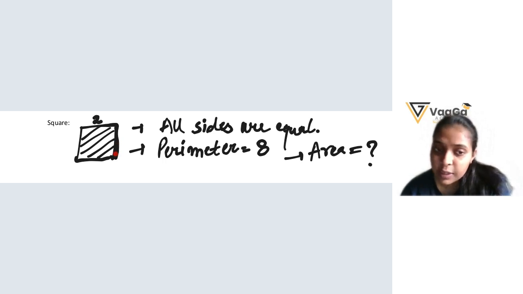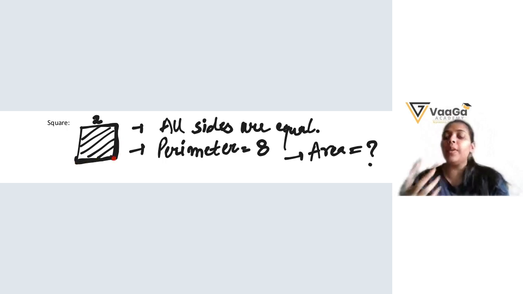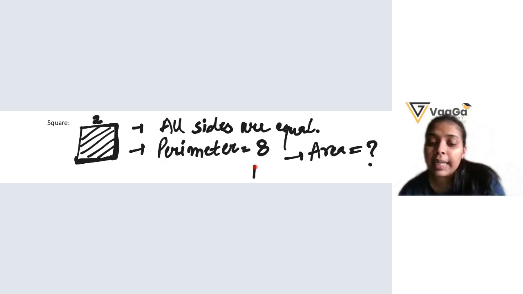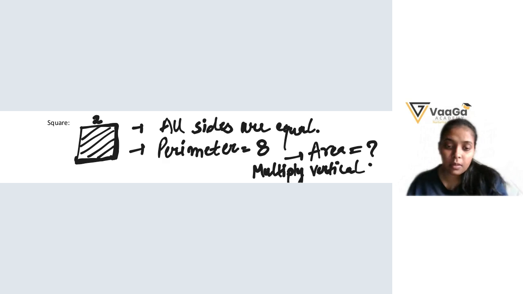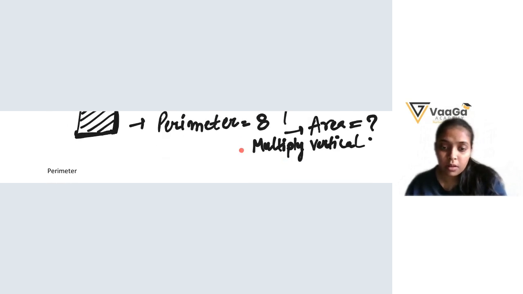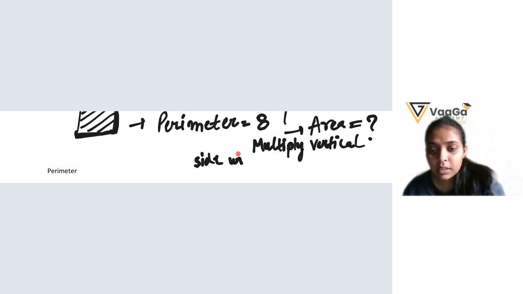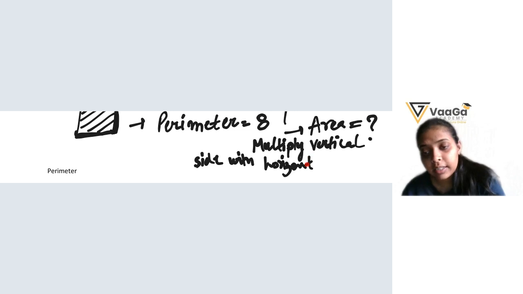So to calculate the area, we multiply the vertical side with the horizontal side.